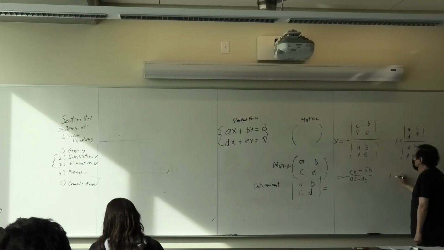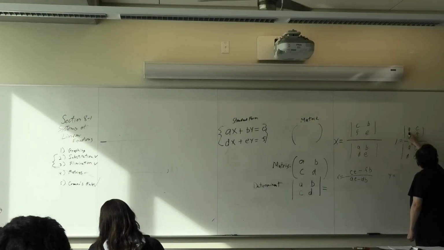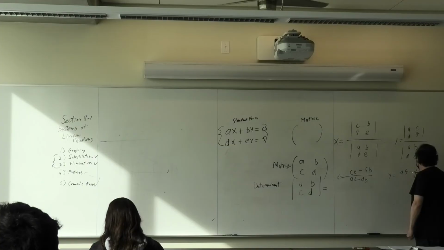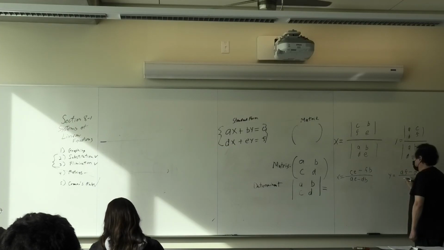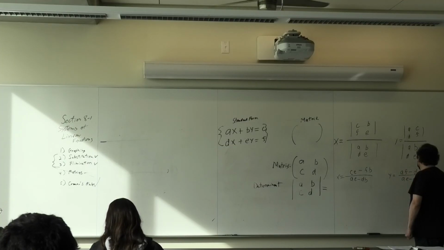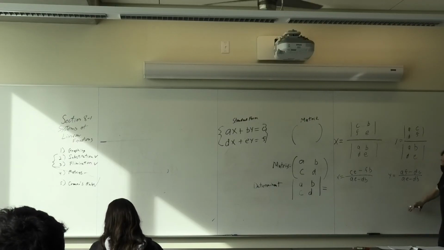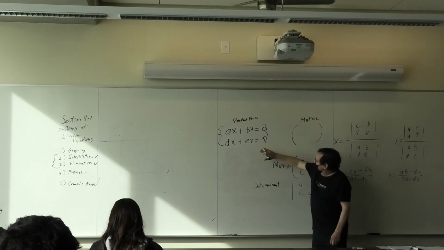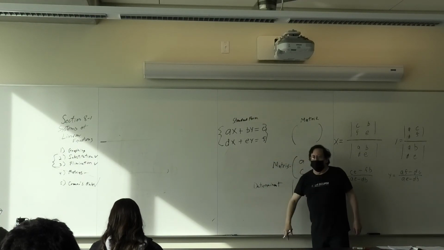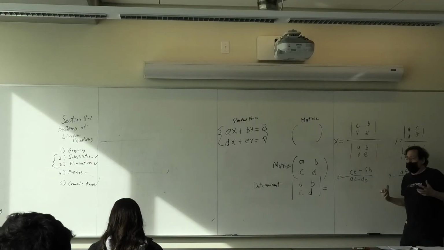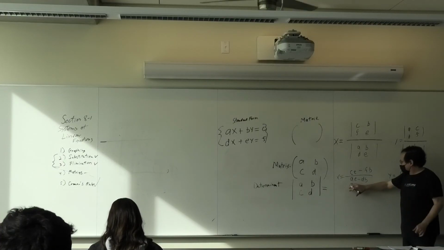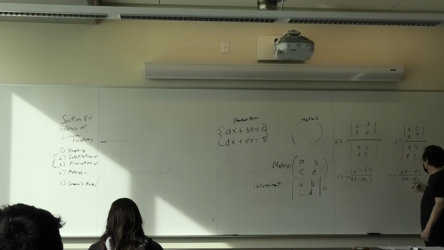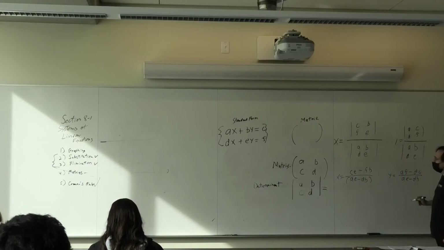And this is going to be AF minus DC over AE minus DB. So it's a formula that solves every one of these systems. And if you're writing a computer program, this is nice because you only have to calculate AE minus DB once, even though you use it twice.